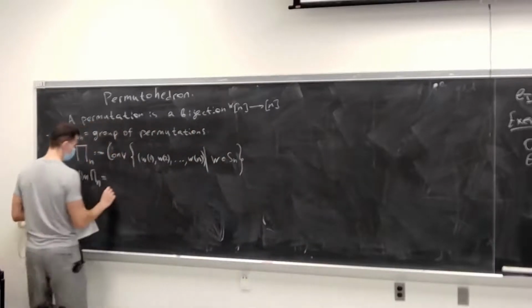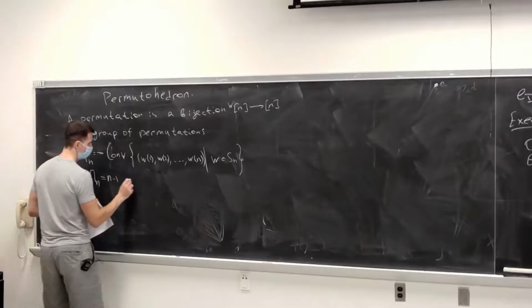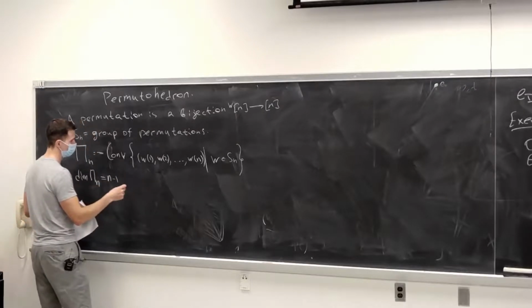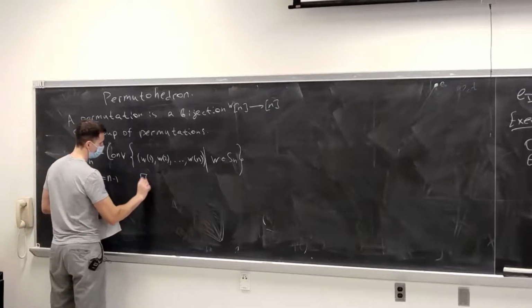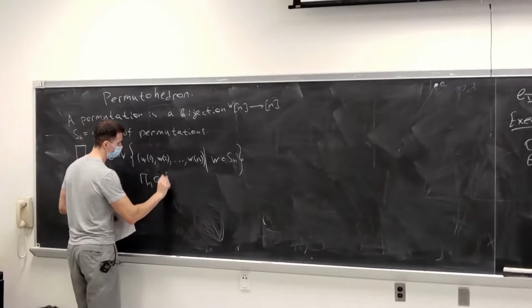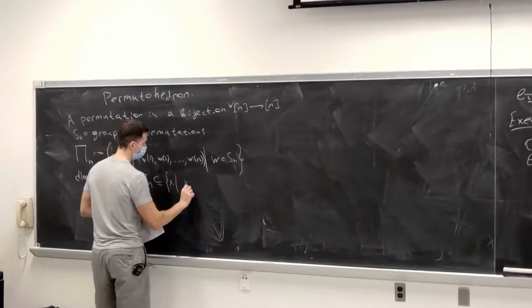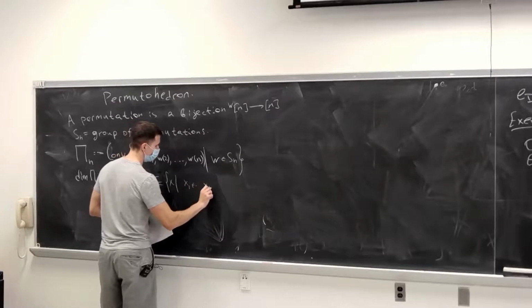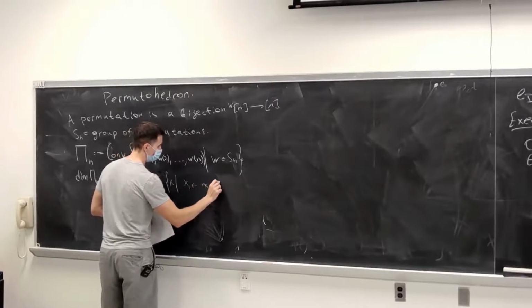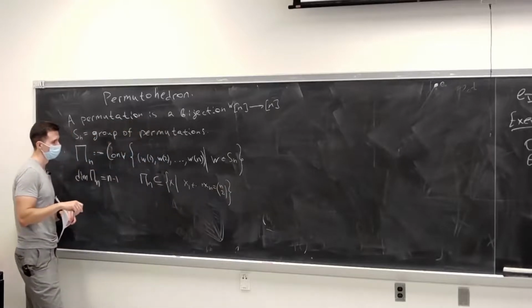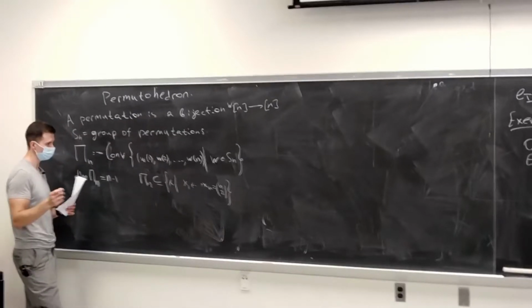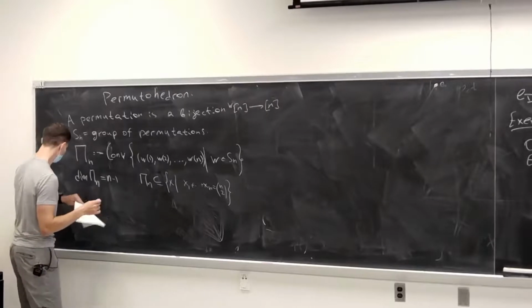Right. So the dimension is n minus 1 because, well, it's at most n minus 1 because Π_n lies in the plane where the sum of coordinates is equal to n choose 2.